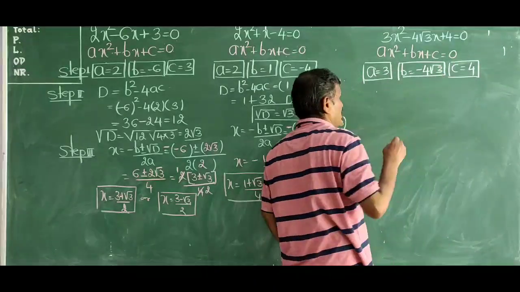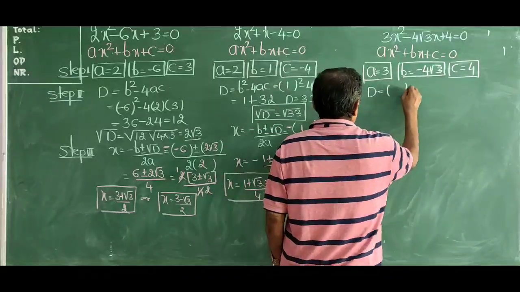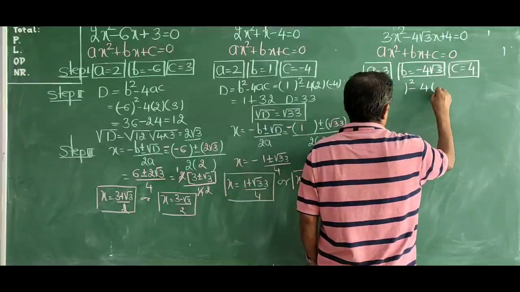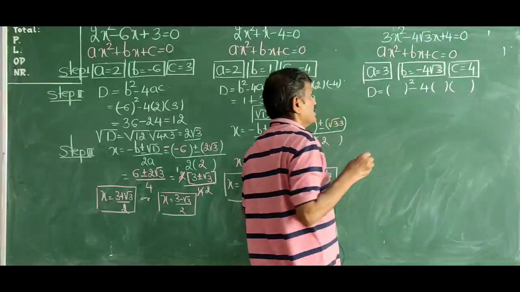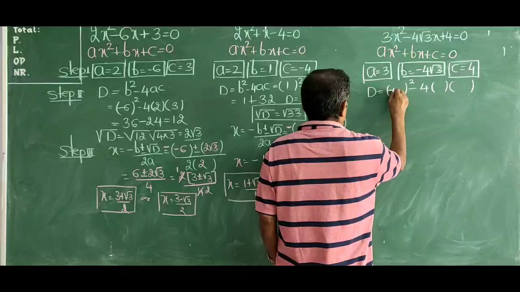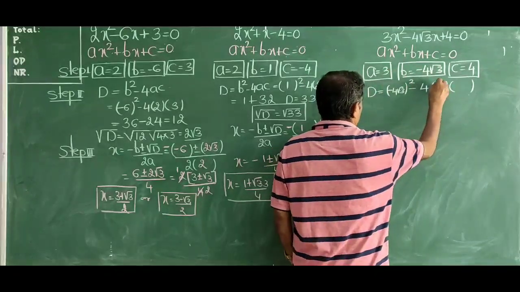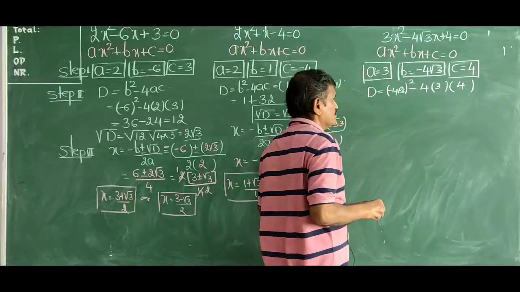This if I simplify, I have to use what? D is equal to b squared minus 4ac. Now see what is b. B is equal to minus 4 root 3, a is equal to 3, c is equal to 4.